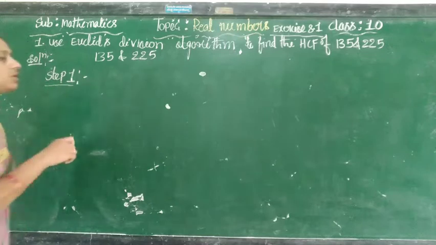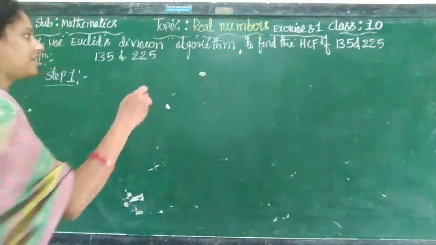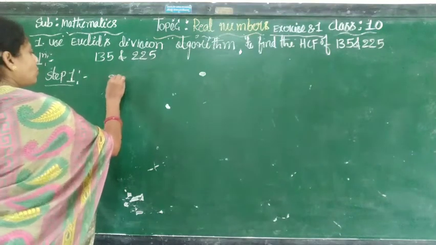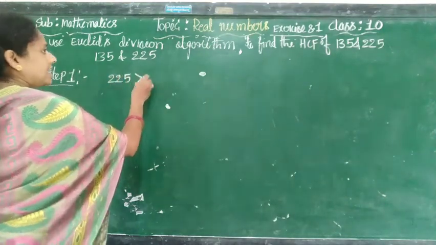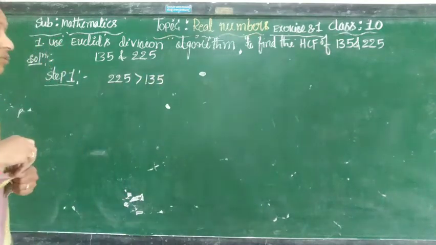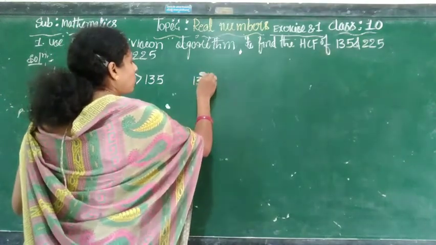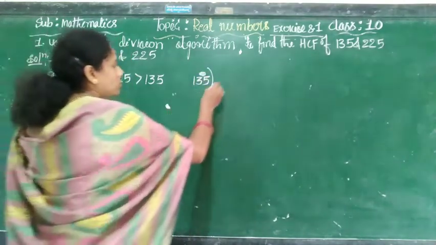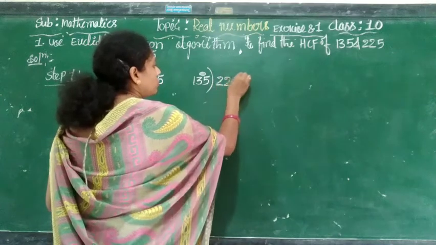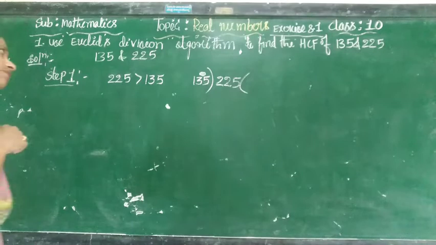We start with the larger integer, 225. So 225 is greater than 135. So 225 divided by 135.